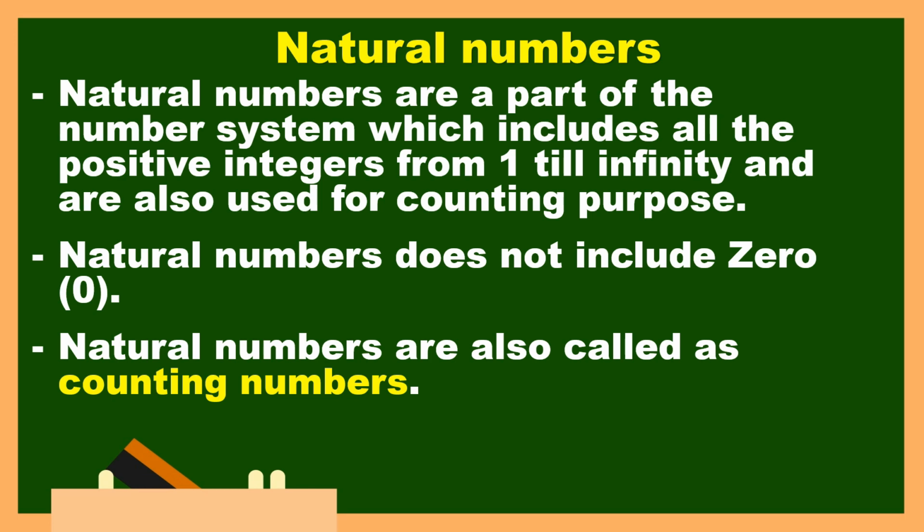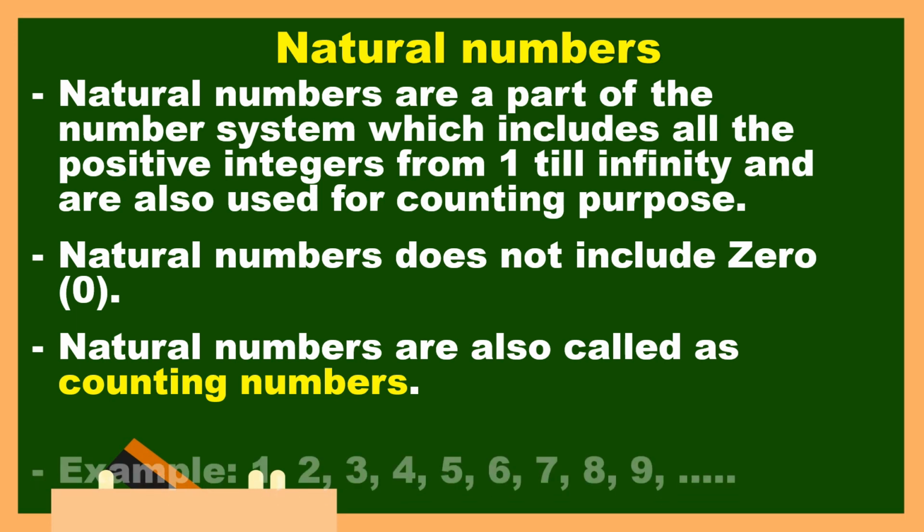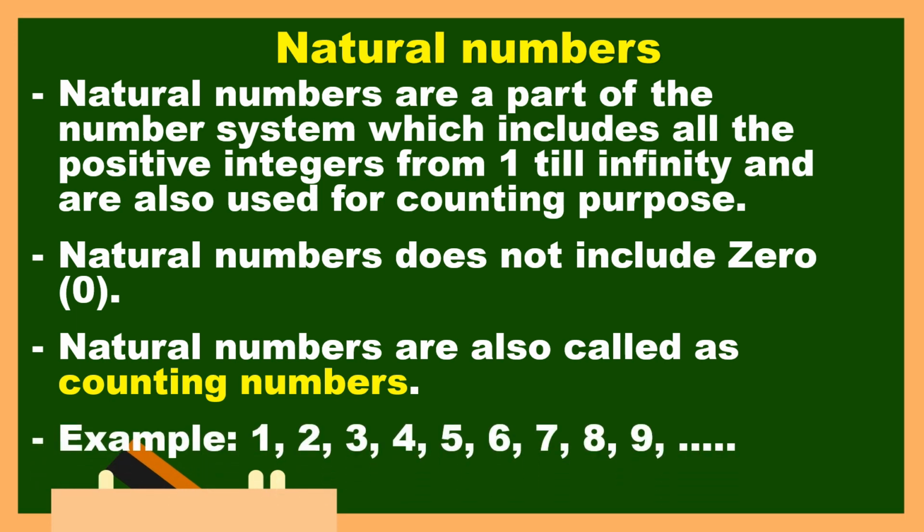So, di ba, kapag nagbibilang tayo, we always start with 1. An example of natural numbers are 1, 2, 3, 4, 5, 6, 7, 8, 9, and so on.